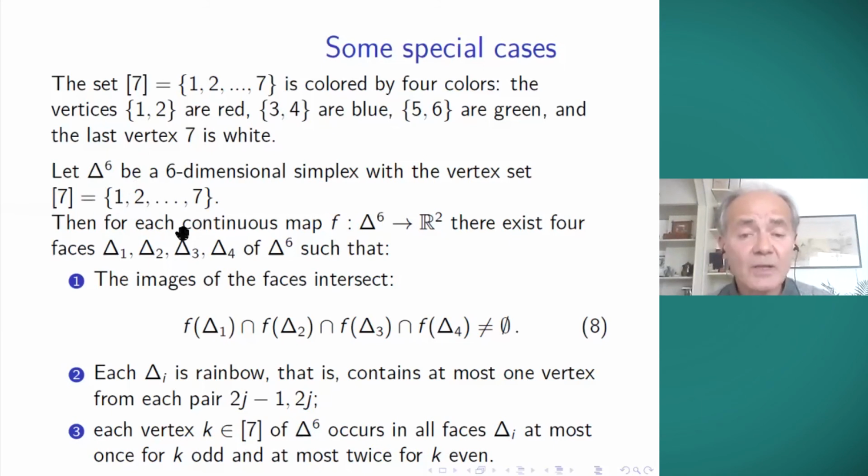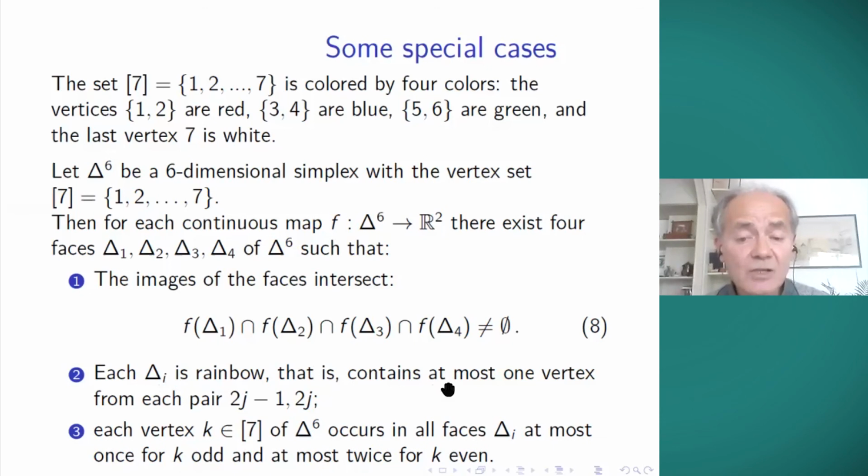And the statement, the special case of the result I described, says that for each continuous map of the 6-dimensional simplex into the plane, you can always find 4 faces of this 6-dimensional simplex such that the images have non-empty intersection, and all of them are rainbow, that is, each face contains at most 1 vertex from each of the pairs.